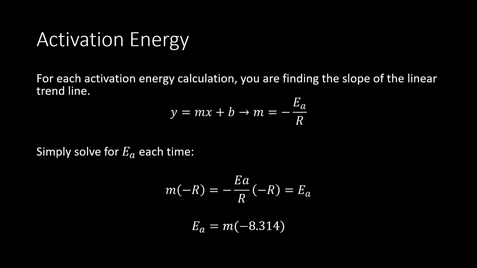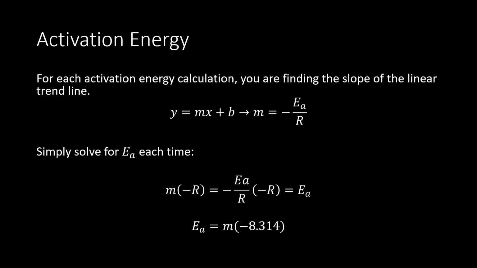And simply, if m equals negative Ea over R, well then take the slope times negative R, which would end up giving us the activation energy. Therefore, the activation energy for each graph is going to be the slope times negative 8.314.